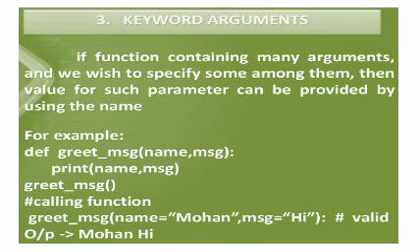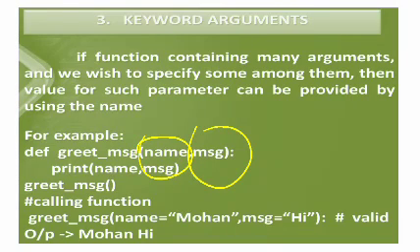Third type of arguments, keyword arguments. It should be remembered that the variable name should be assigned with the value. It means remember the formal argument name and the constant value.